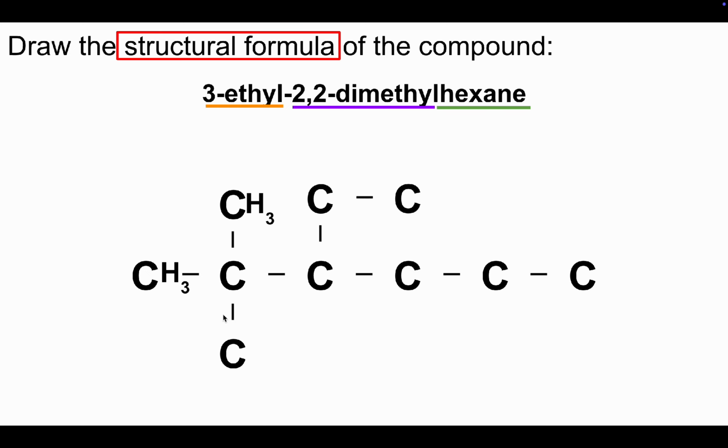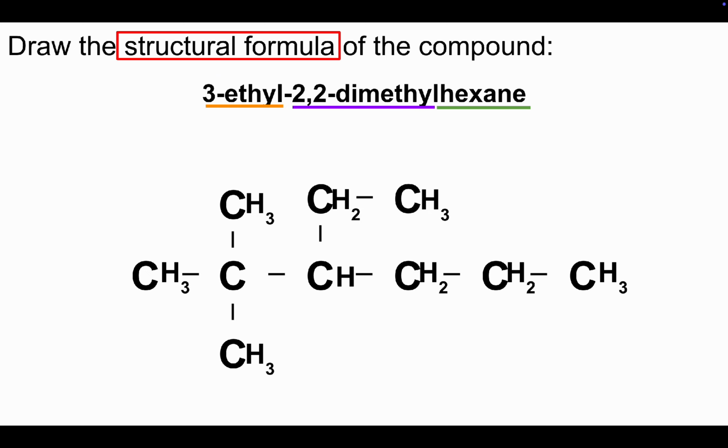Here, 1 bond, so H3. Next, this carbon has 2 bonds, so you can have 2 hydrogen atoms bonded to it. This one has 1, so this is H3. This carbon has 3 bonds, so 1 hydrogen atom can bond to it, so we write H. We don't write 1. Next, this one has 2, so H2. This one is 2, H2. This one is 1, so H3.